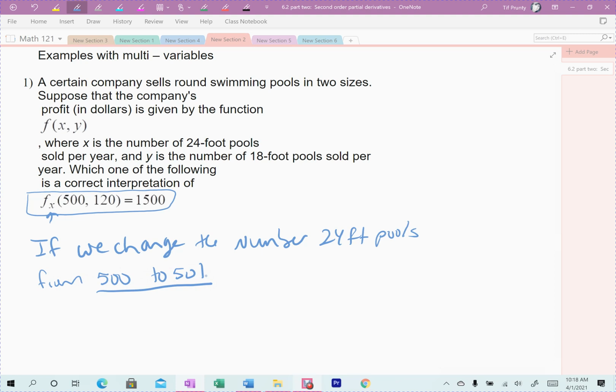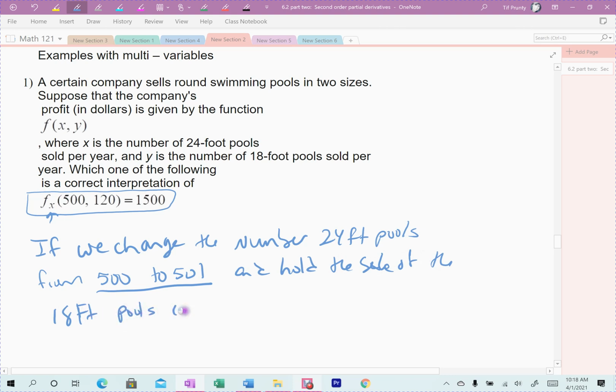So it's important, from 500 to that additional 501st one, so if we sell that one more, and hold the sale of the 18-foot pools constant. And again, it's important that it's not just constant, but it's constant at what level? 120. It would be different if it was constant at 100 or 150. It's important that we're selling exactly 120 18-foot pools.